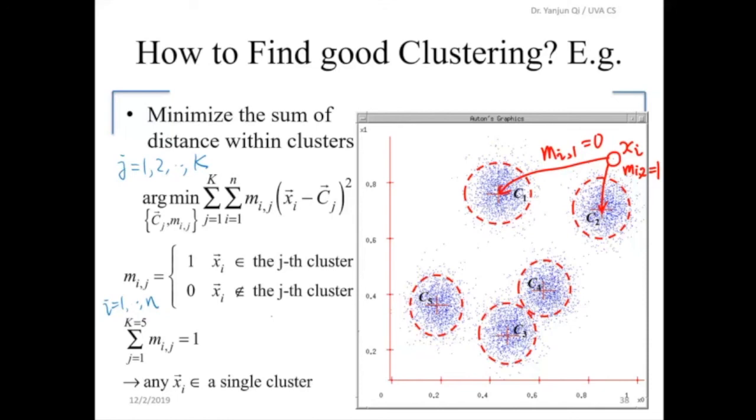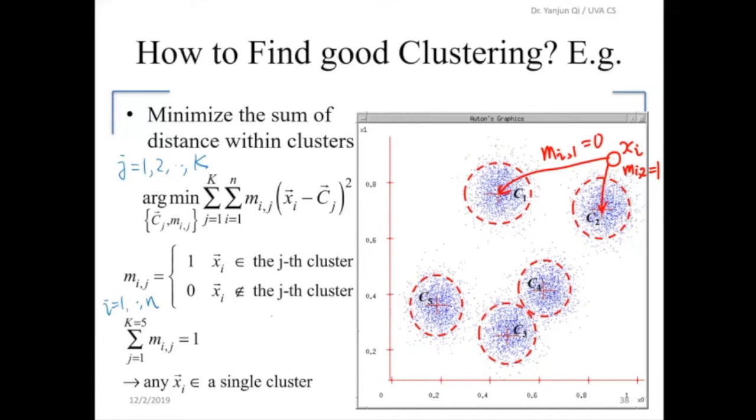So my goal is to minimize the within cluster distance, represented by this function, and there are two sets of parameters. The first is the center. The second is each point's cluster membership assignment, which is m.